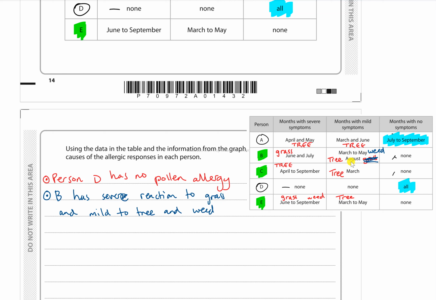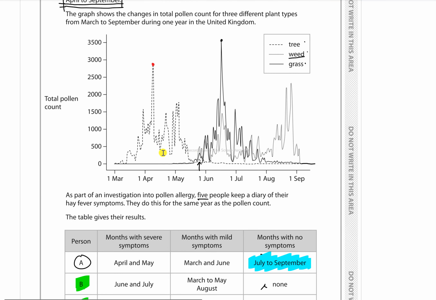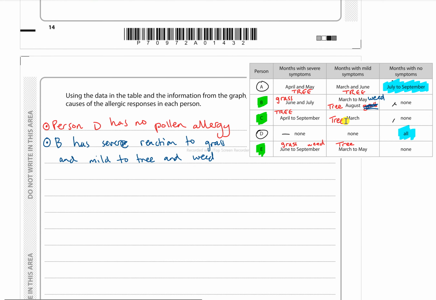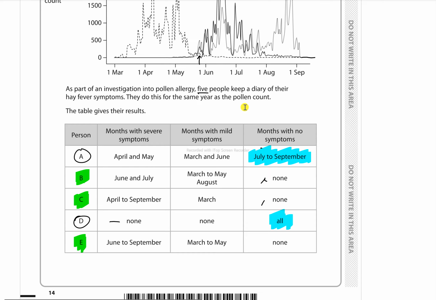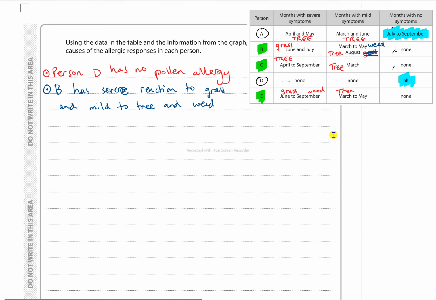Okay, person C. Tree. March is tree, and April to September. April through to September, and okay.